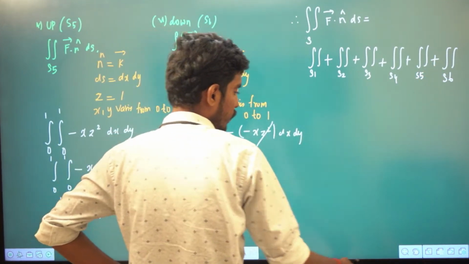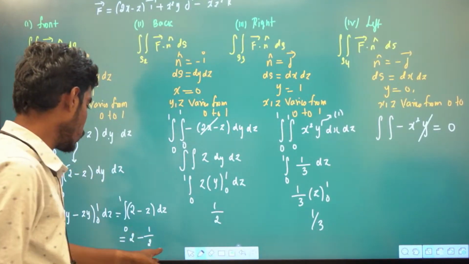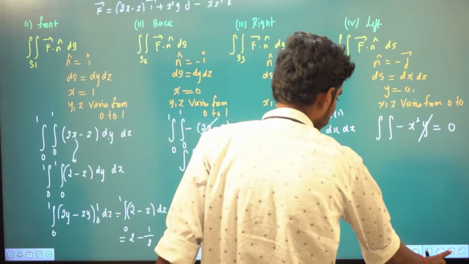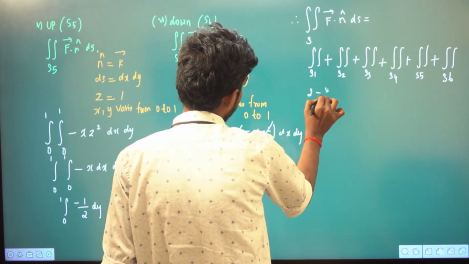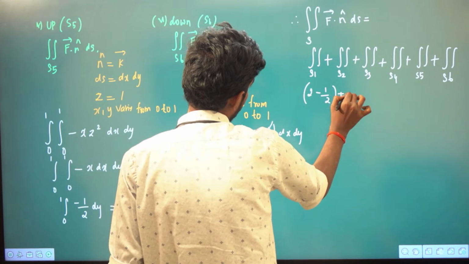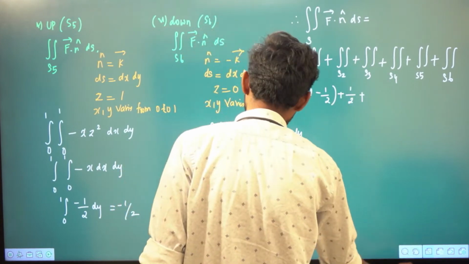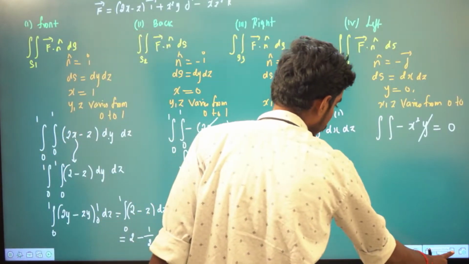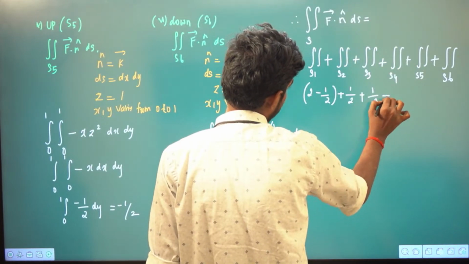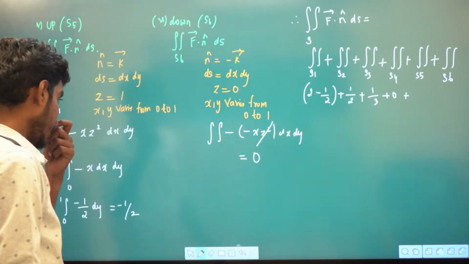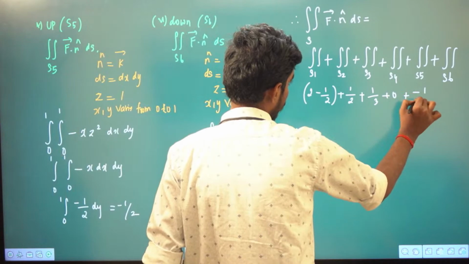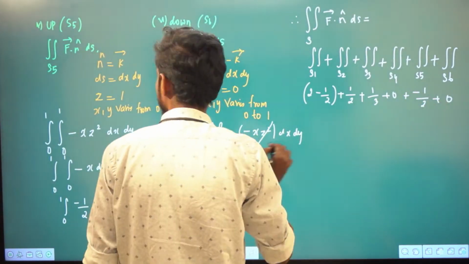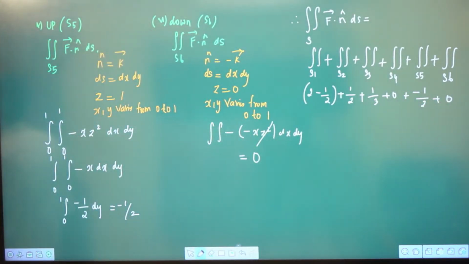So we have found all 6 surfaces. So 2 minus 1 by 2, this is 1 by 2, 1 by 3, 0, minus 1 by 2, plus 0.